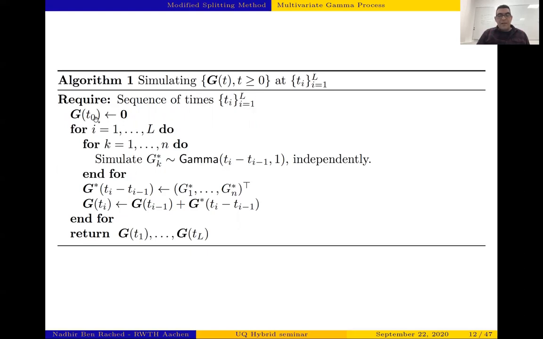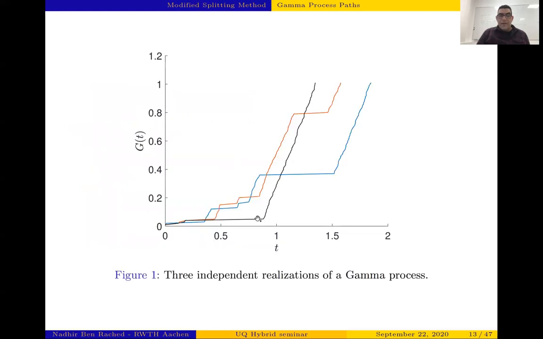We start at time zero at 0, then we simulate the increments independently, and then we do the cumulative sum, and this is repeated from time t1 up to time tl. In this figure, we plot three paths of the gamma process.